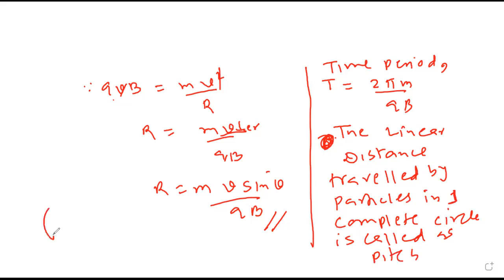That means when it moves in a circle, it covers this linear distance, which is called pitch. So for linear distance, I will require linear speed and the time taken to complete it.